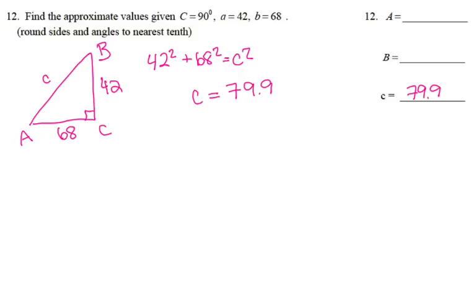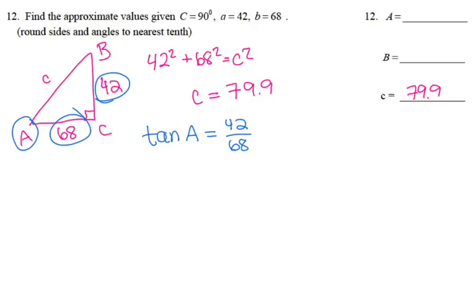Now I'm going to figure out one of my angles. I'm going to go ahead and find angle A. I'm going to figure out how these two sides relate to this angle. So 42 is the opposite, 68 is the adjacent, so opposite and adjacent is tangent. So tangent of A equals 42 over 68. Anytime you are solving for an angle, you are always going to use the inverse. So inverse tangent of 42 over 68. Plug that in. Gives me about 31.7 degrees.